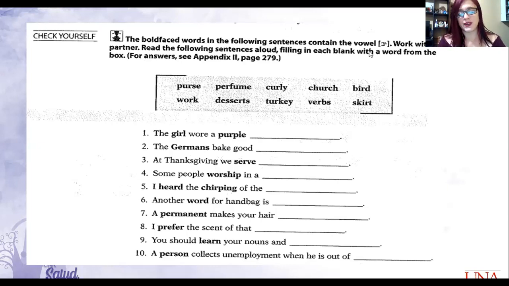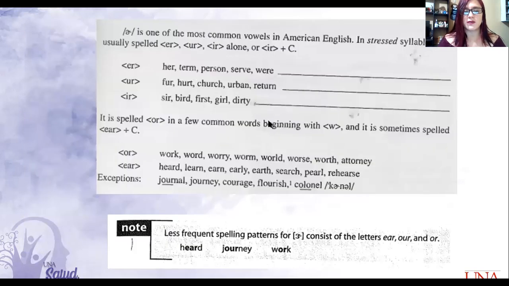Remember, perfume. It's because sometimes we tend to think in Spanish, of course. Okay, the girl wore a purple, and then you continue with the other ones and you try to do the exercise, okay? Okay, let's continue.